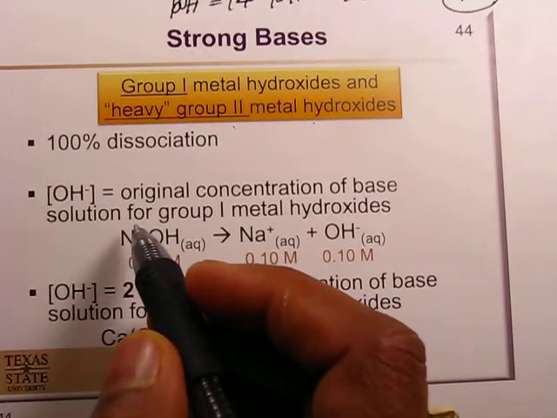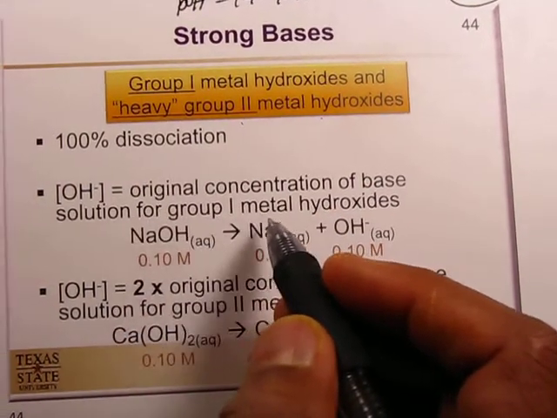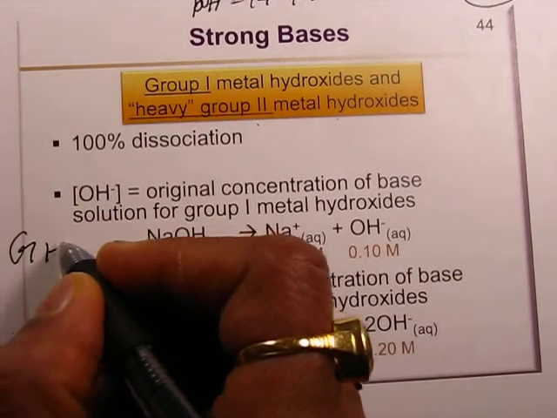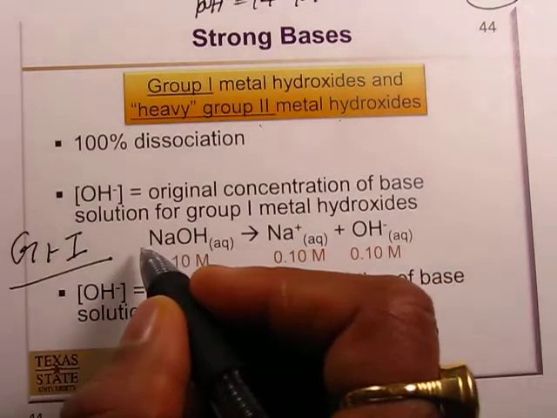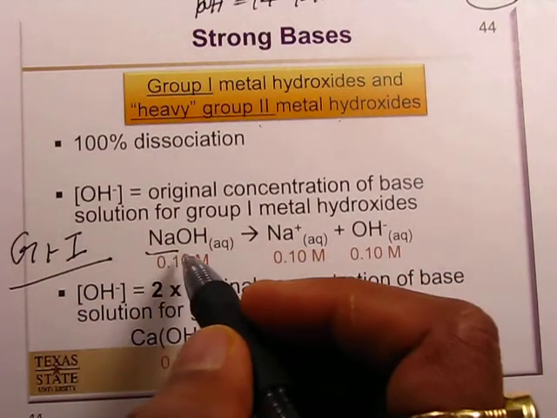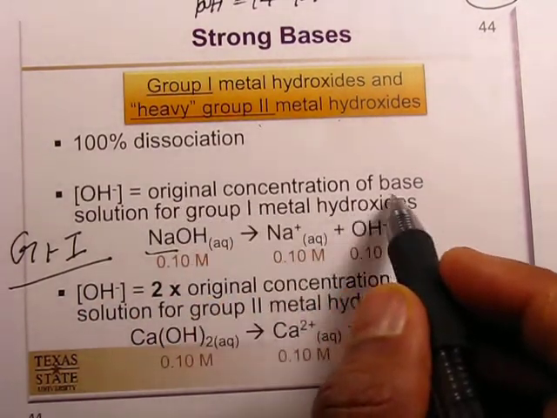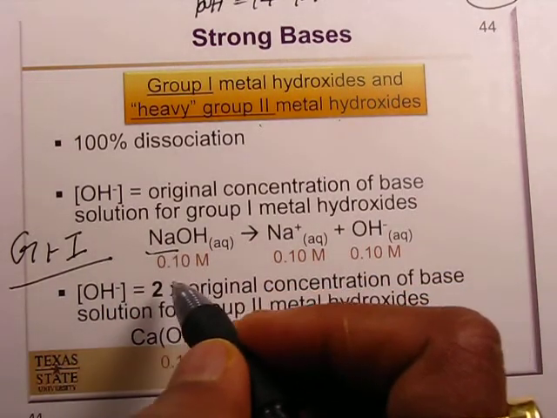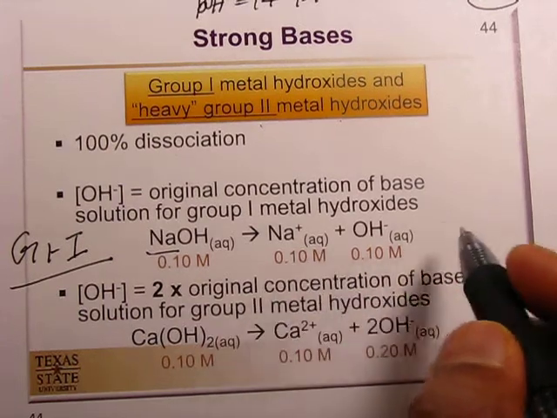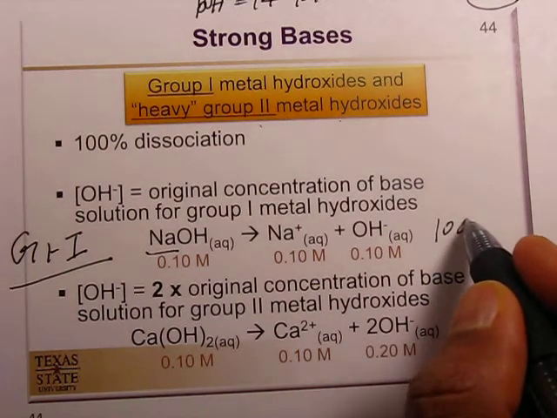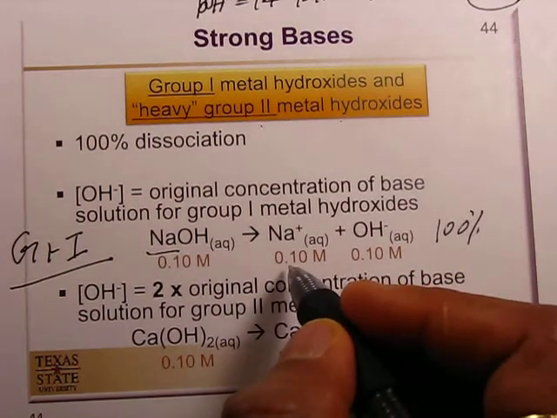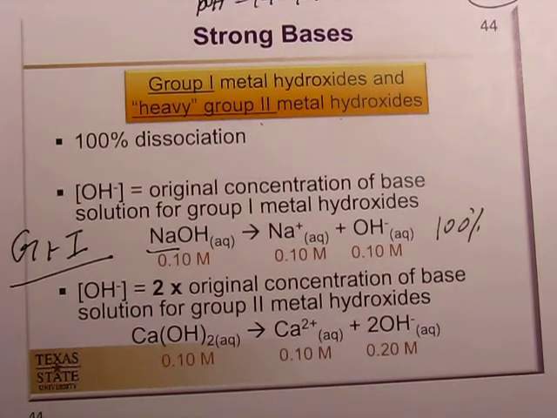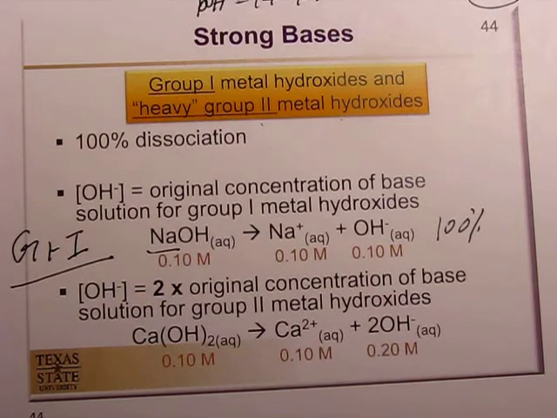For example, if we have sodium hydroxide, which is from group 1, the original concentration of the base solution is 0.1. Once it dissociates 100% in water, it will give exactly the same amount of sodium ion and hydroxyl ion.